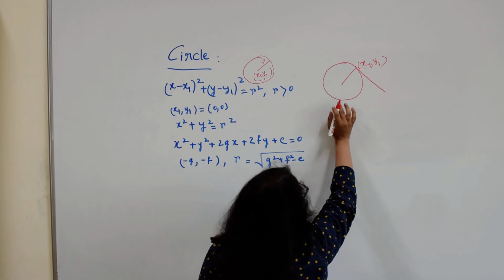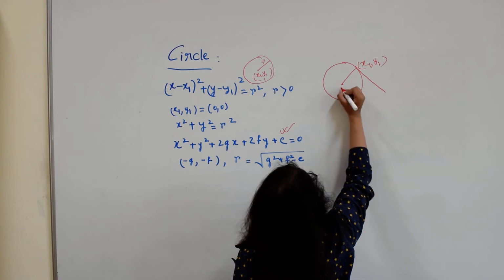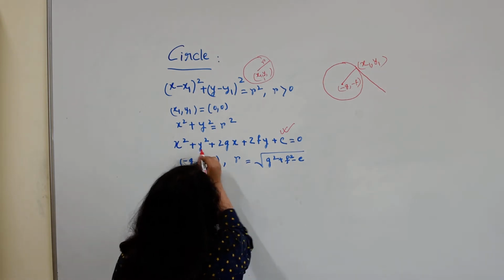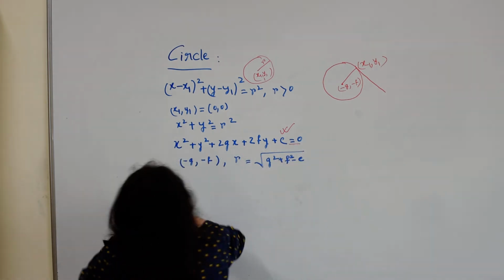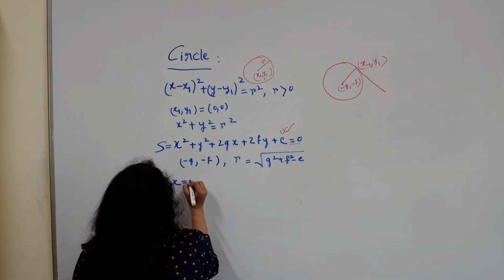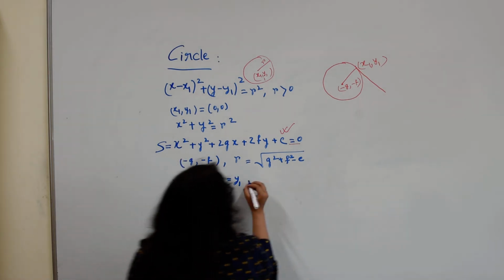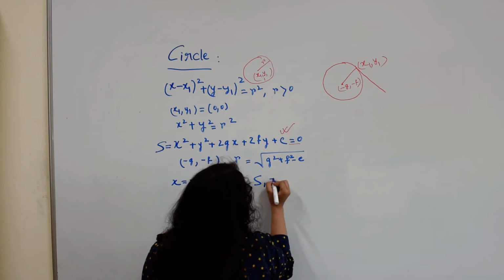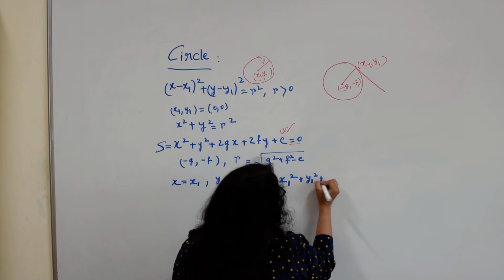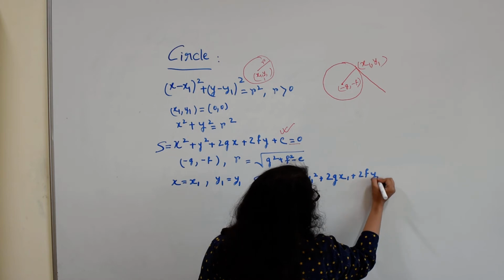We will take the general form of this circle equation, and let's say this is equal to S. If we put x equal to x1, y equal to y1, then the expression we get is S1 equals x1 square plus y1 square plus 2g x1 plus 2f y1 plus c.